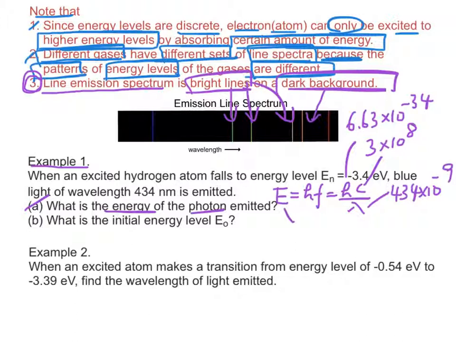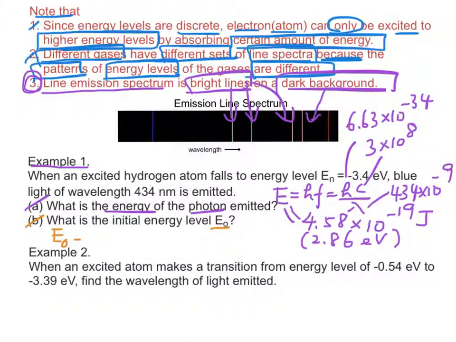Therefore, the energy of the photon emitted will be equal to 4.58 times 10 to the power negative 19 joules, which is equal to 2.86 electron volt.